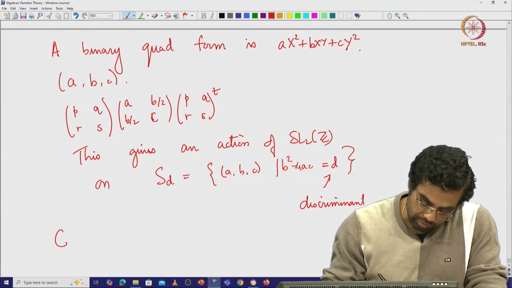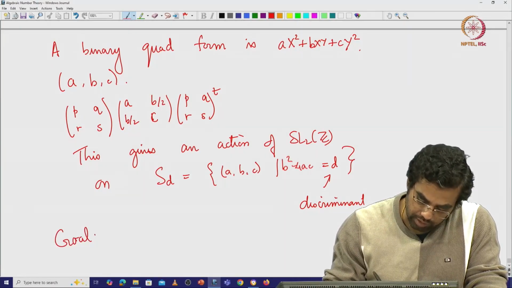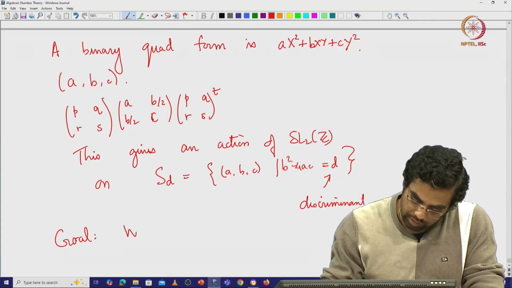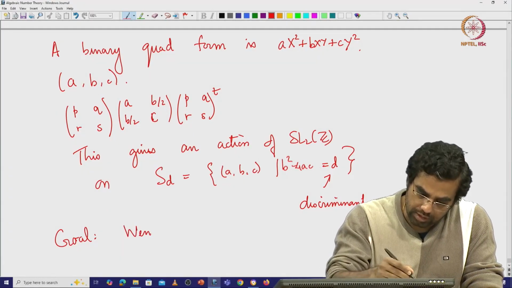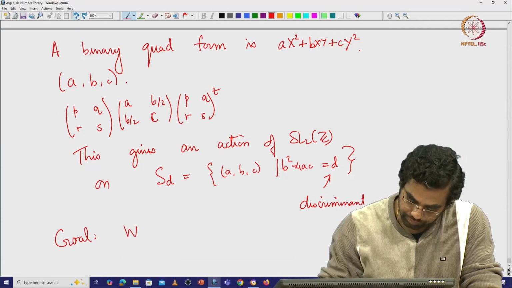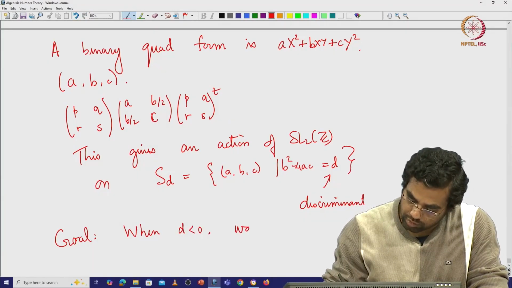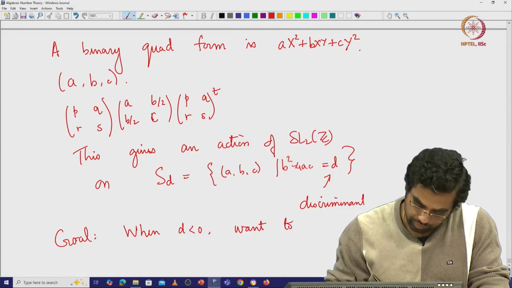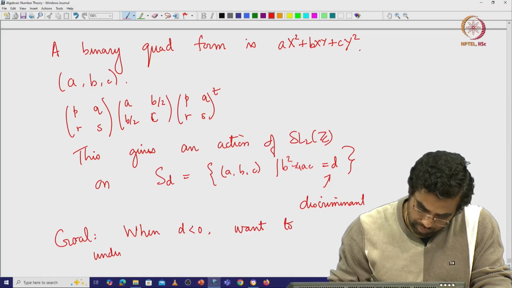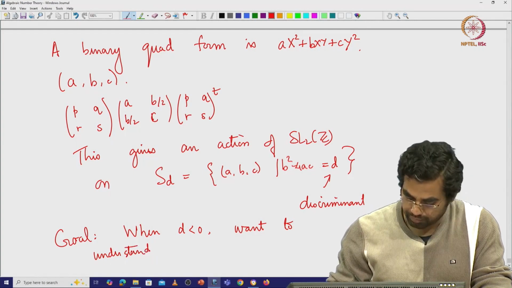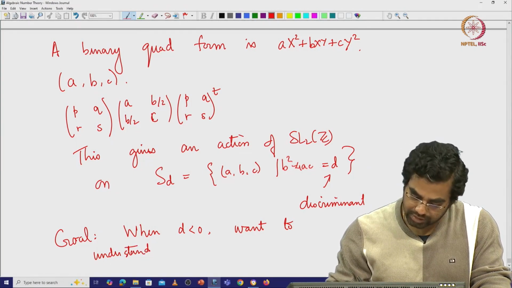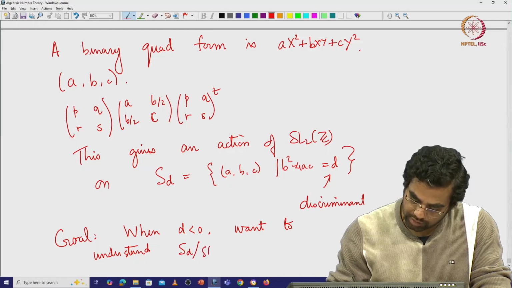And our aim, our goal today is to find, when D is less than 0, to understand equivalence classes, so S_D modulo SL2Z.